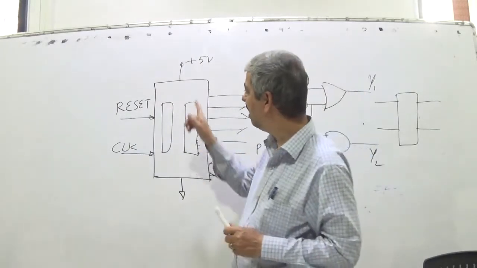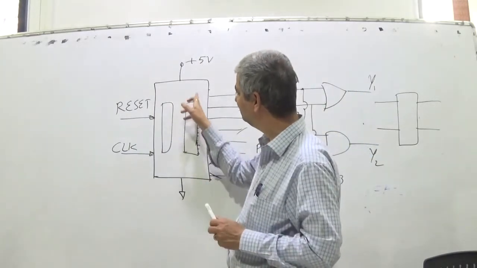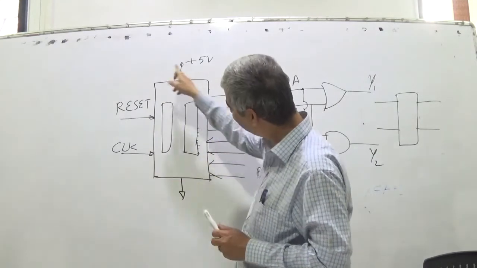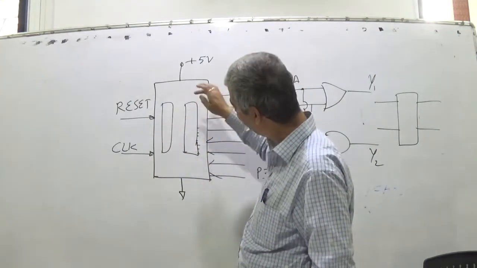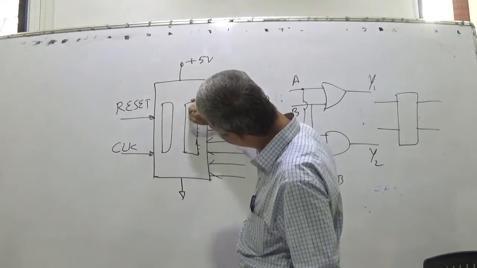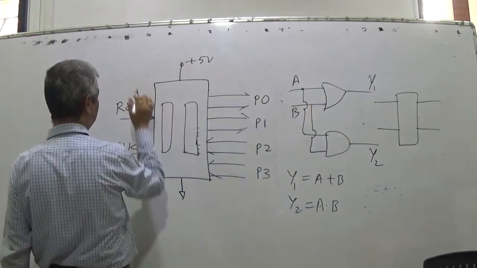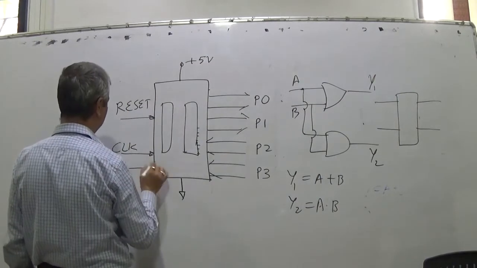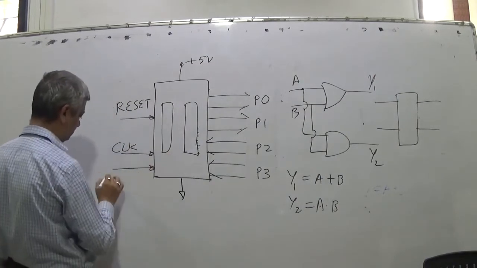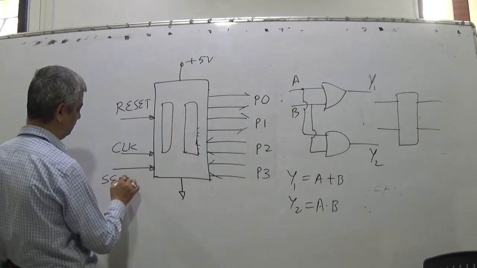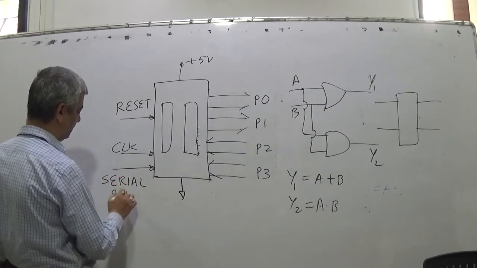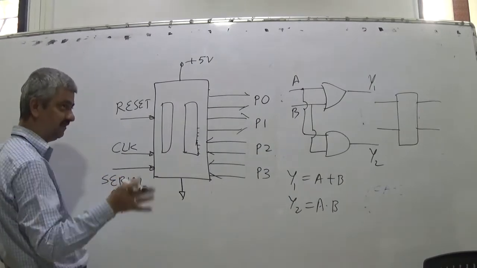And now, how do you get this program, how do you put something in this memory? For that purpose, there is a serial input pin. This discussion we can't have in detail. Now everything is USB, that is a different issue.